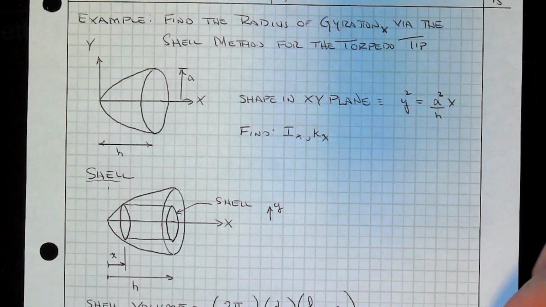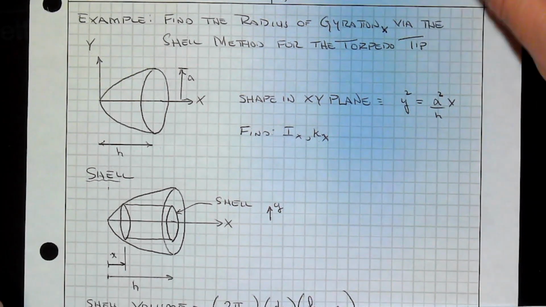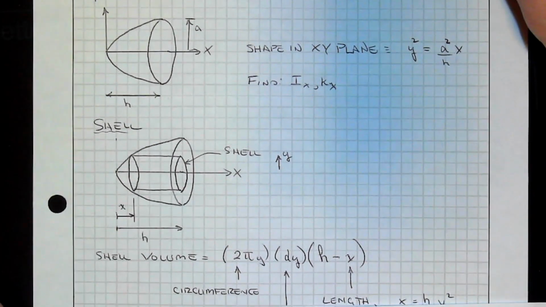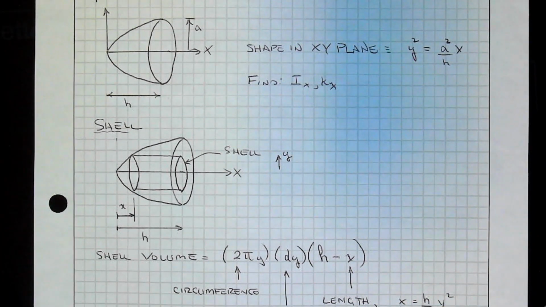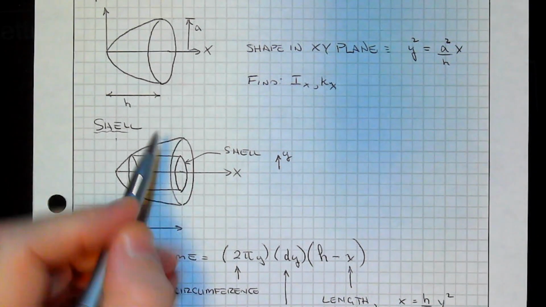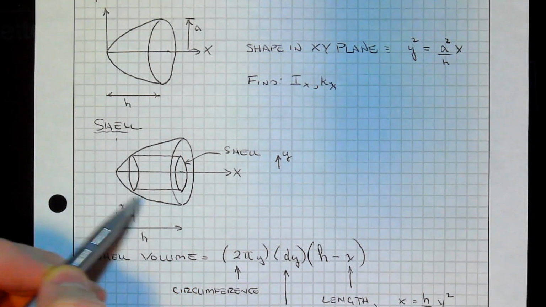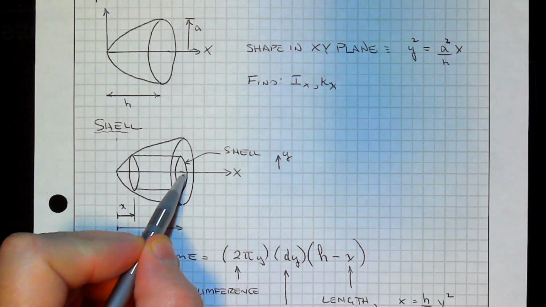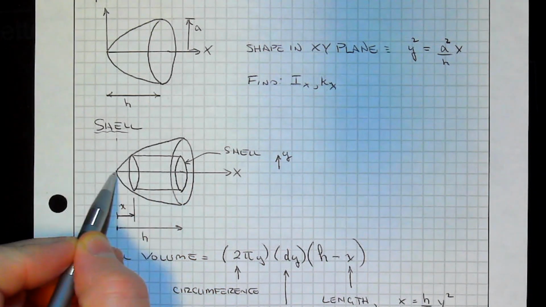Okay, so let's move on. We're going to use the shell method, which we just talked about for the first time in our last video. Here is our tip, and the idea is we're going to use these shells that go from the base and extend out.